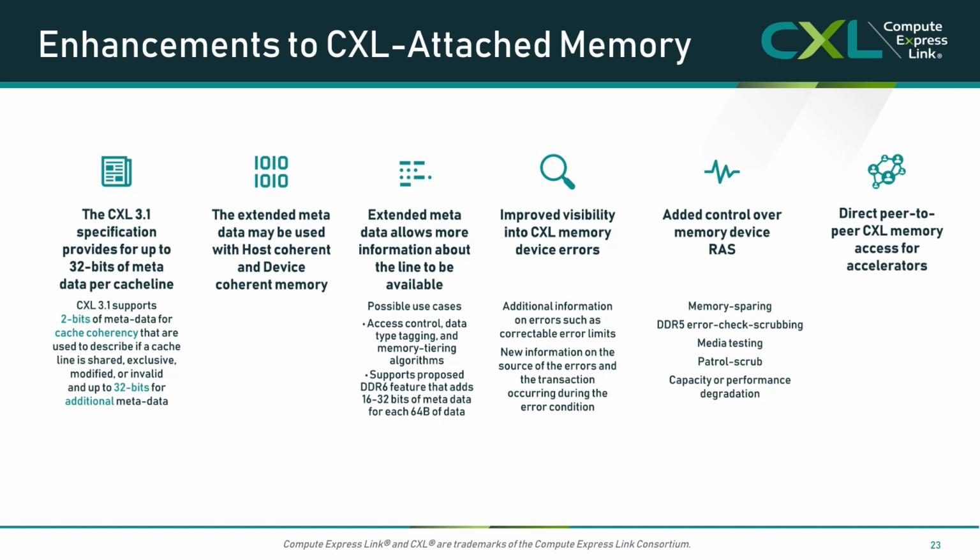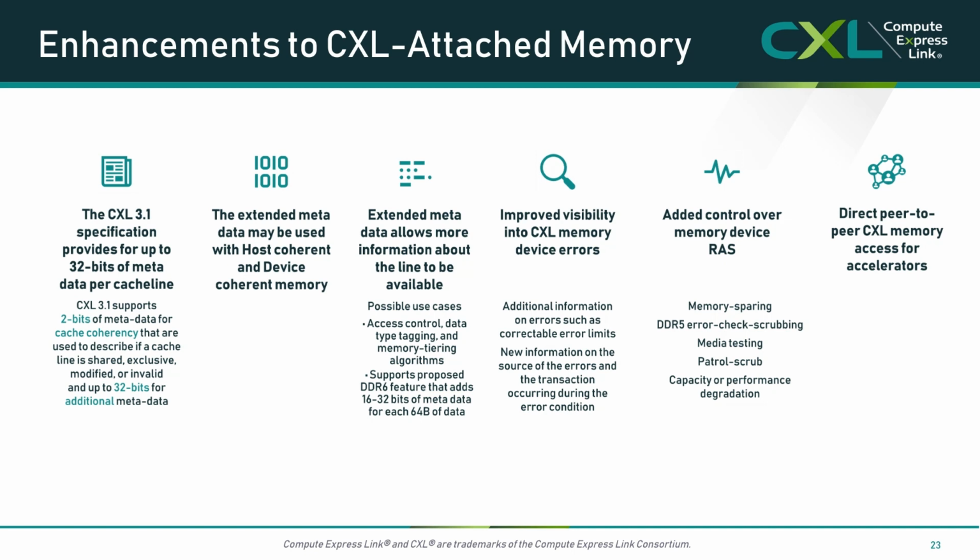All right, and then we also included some new spec-defined API for managing memory devices, where you can manage the correctable error limits on the device. We may have the ability to expose more information about the source of errors, and the type of errors that happen in the device.